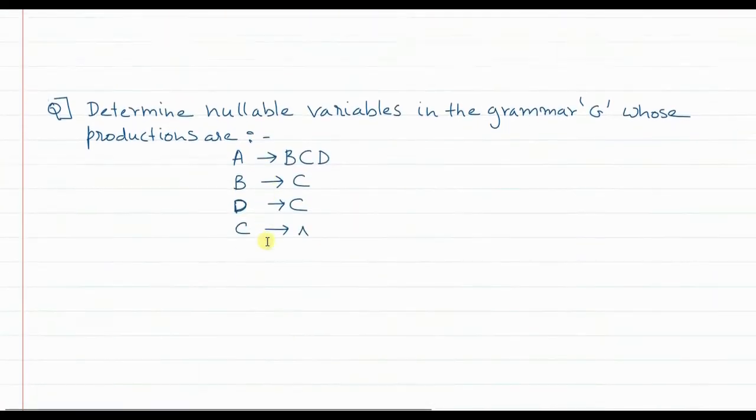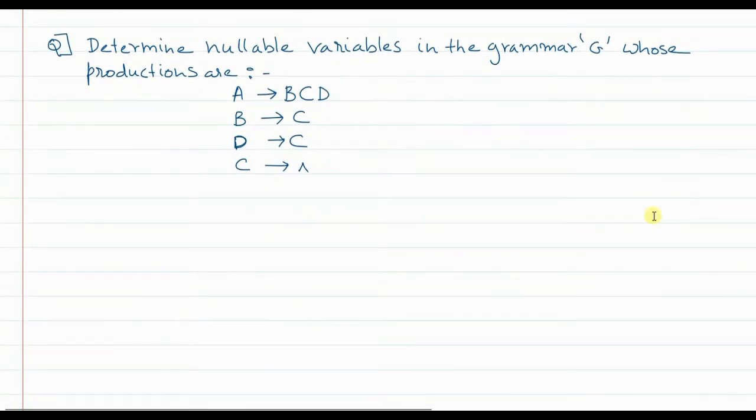Let's see an example. We are supposed to determine the nullable variables in the following grammar, whose productions are given as A gives BCD, B gives C, D gives C, and C gives null. Let's solve. Now, variable P is called nullable if it is of type P gives null. This is called directly nullable.